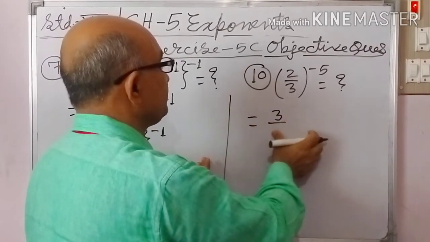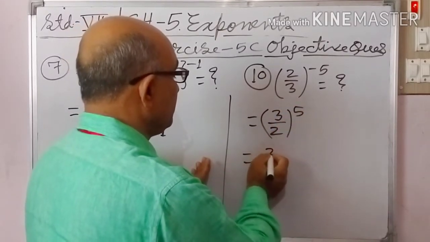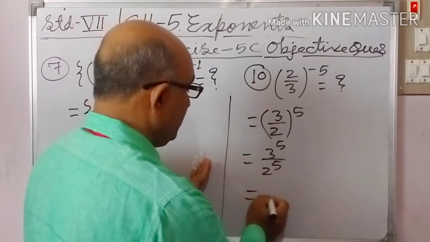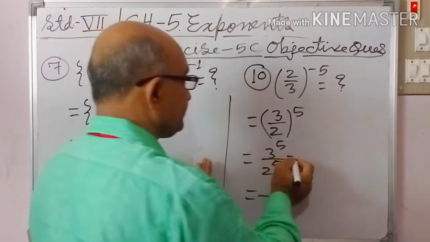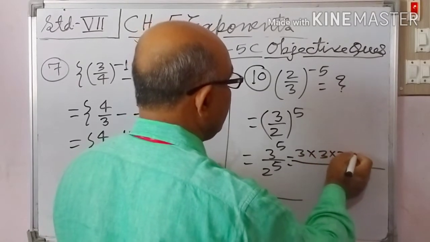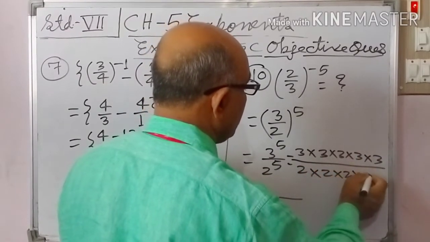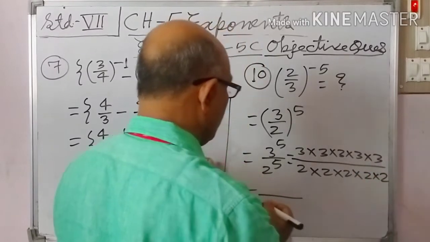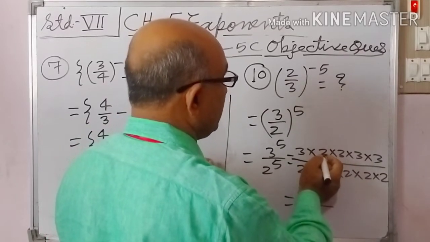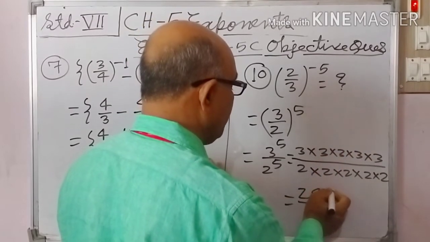So 3 by 2 to the power 5 equal to 3 to the power 5 by 2 to the power 5 equal to 3 into 3 into 3 into 3 into 3 by 2 into 2 into 2 into 2 into 2. 3 threes are 9, 9 threes are 27, 27 threes are 81, 81 threes are 243.